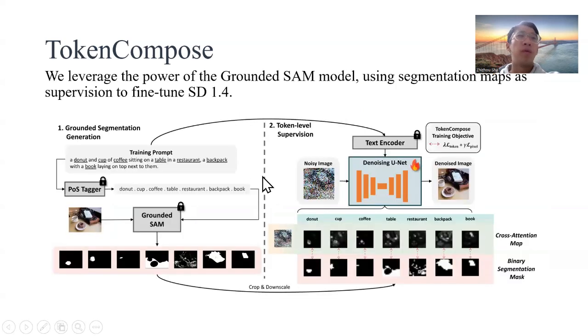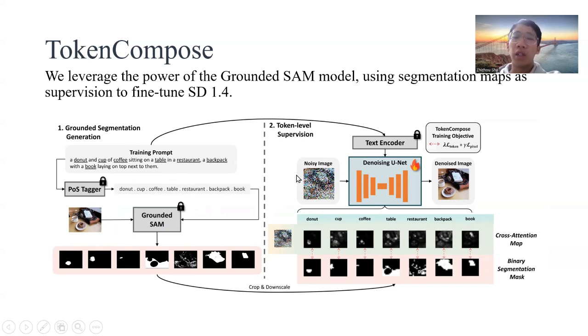To solve this problem, we propose the following fine-tuning pipeline. We first preprocess the dataset. For any given text-image training pair, we first use a POS tagger to extract the object words from the training prompt. Then we use a Grounded SAM model to generate the segmentation map of the corresponding object word. And we use this segmentation map and the object word to fine-tune our model.